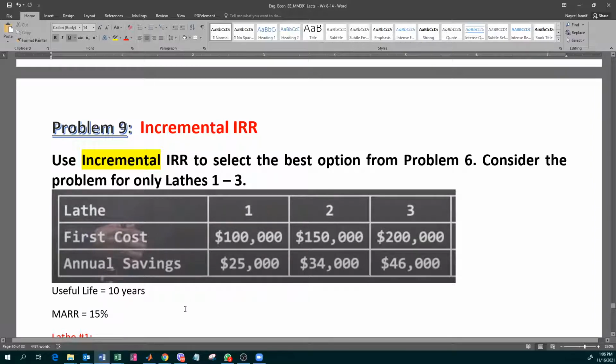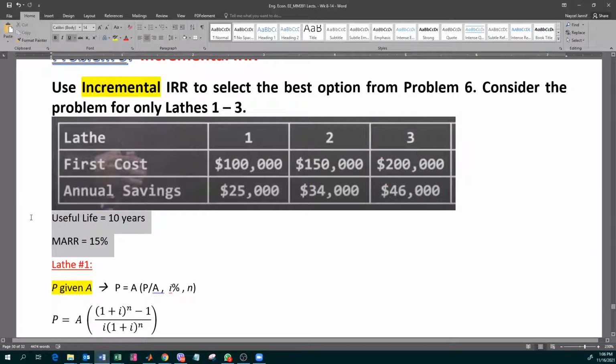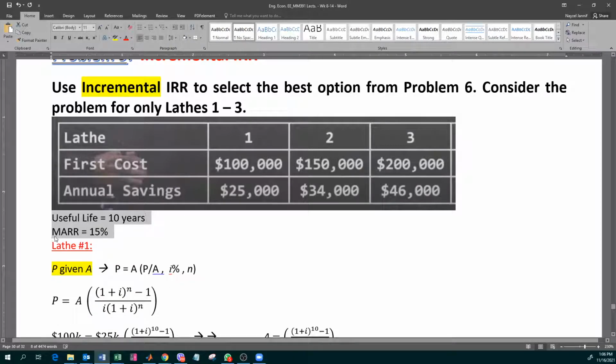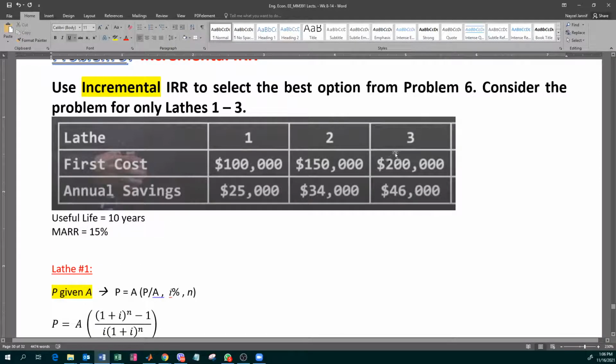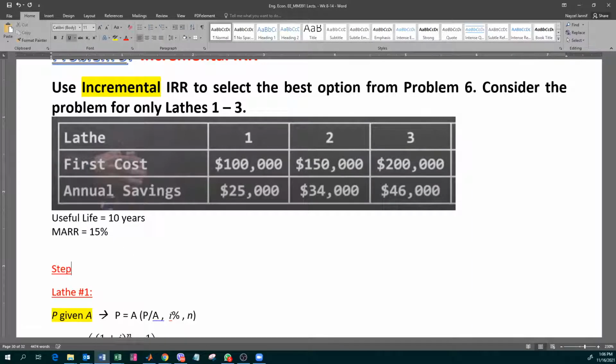Now, one of the key steps in this particular method is that you must order the lathes. So I'll put a step here.